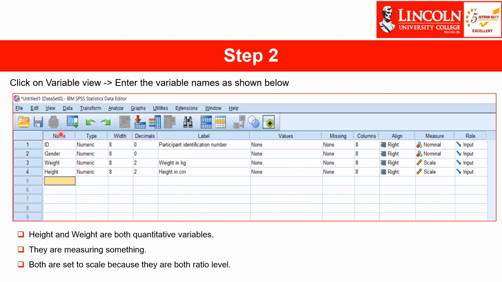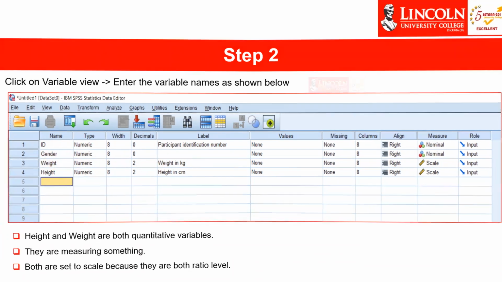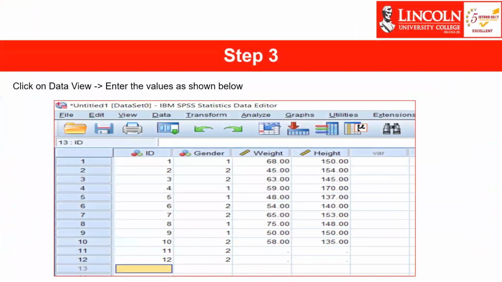Now, after you have created your variables, the next thing to do is to enter data into those variables you have created. And how do we do that? You need to switch to your data view window. Remember, before, on the previous slide, we clicked on the variable view button.